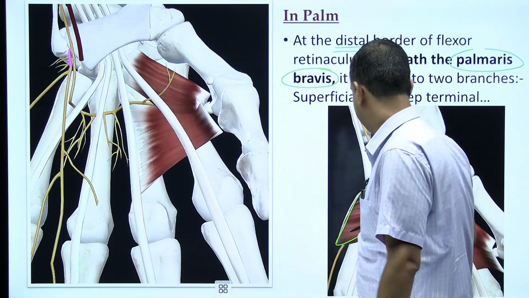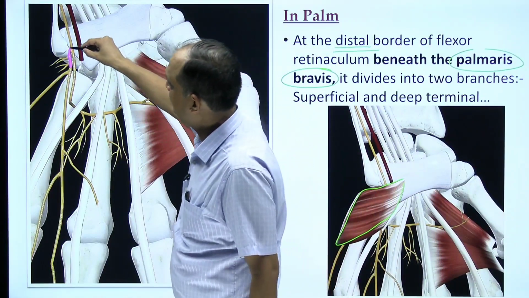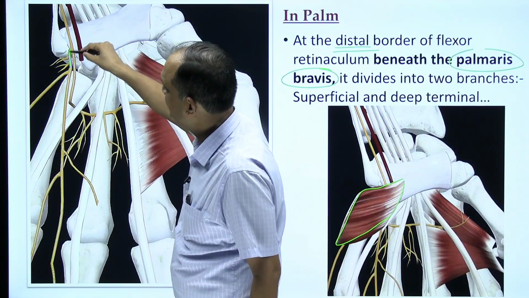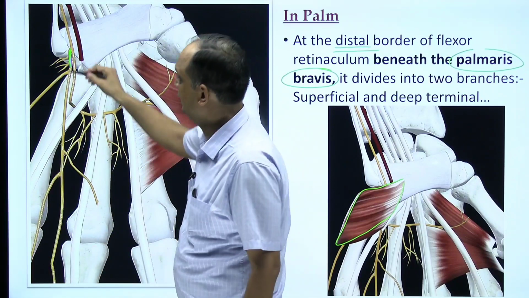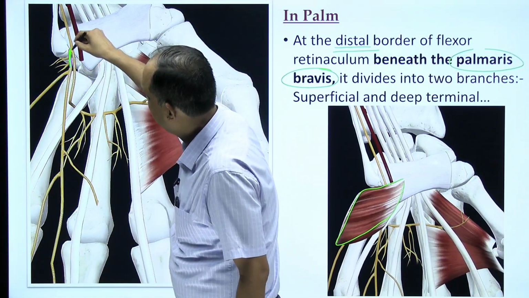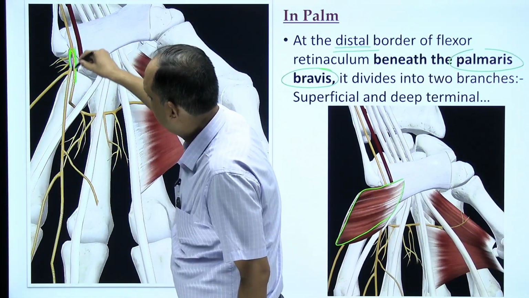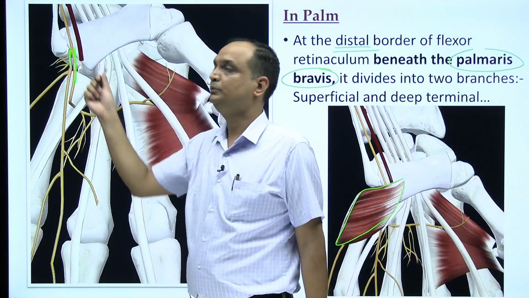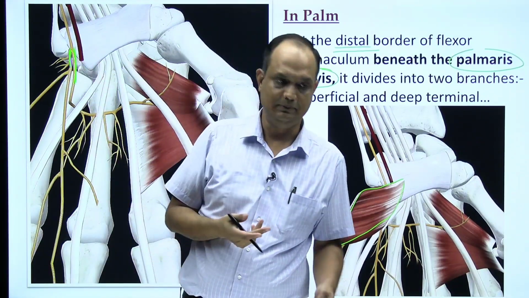If you remove the palmaris brevis, you can see the two branches. This is the superficial branch of the ulnar nerve, and this is the deep branch. The deep branch is the muscular branch and the superficial branch is mainly the sensory branch.